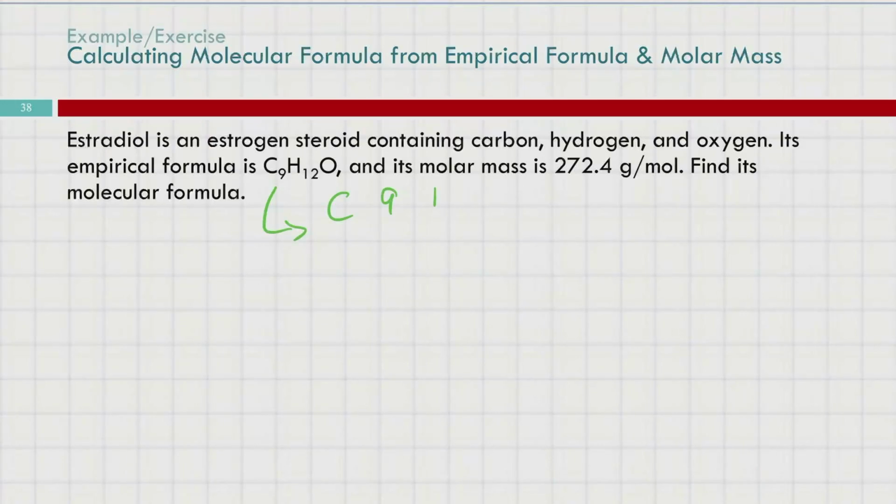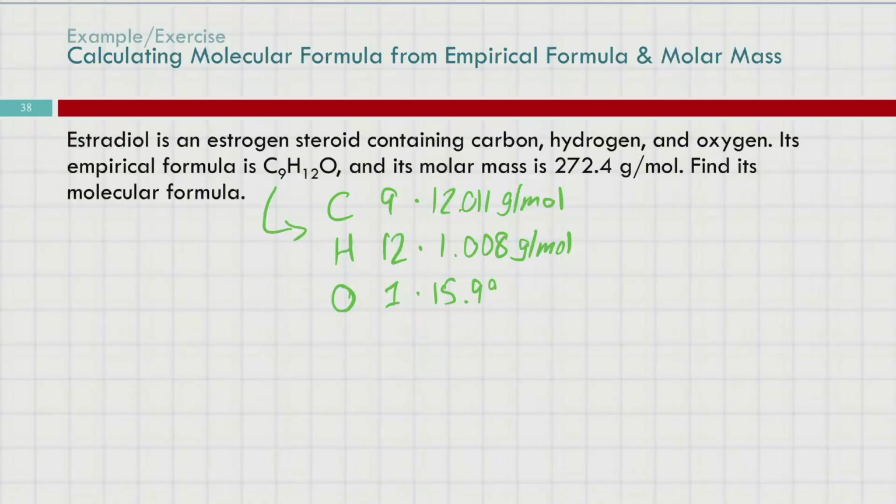We've got 9 carbons. We've got 12 hydrogens. And we've got 1 oxygen. We'll do the multiplication, add them all up.